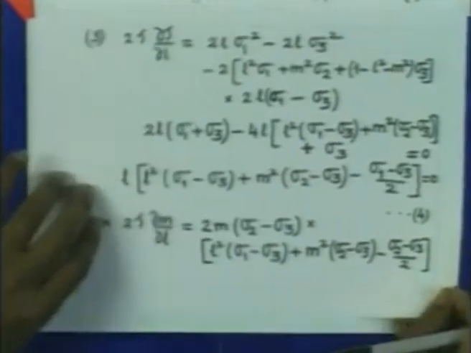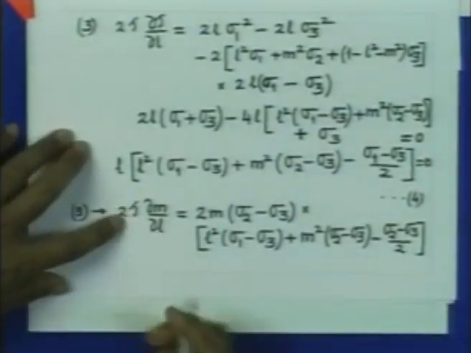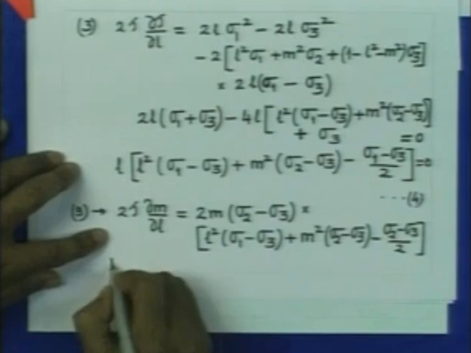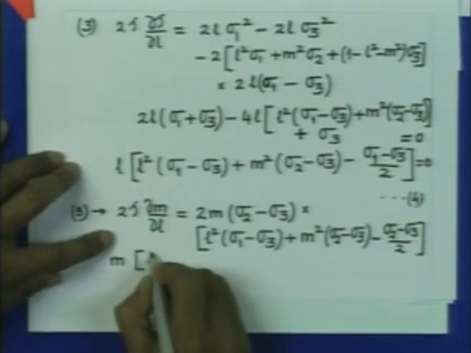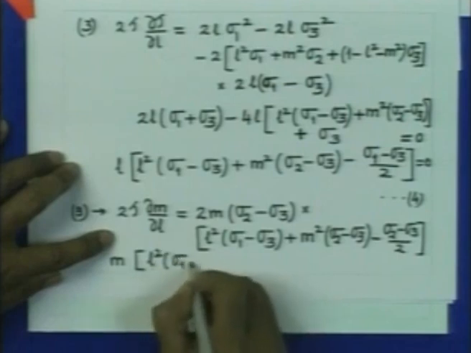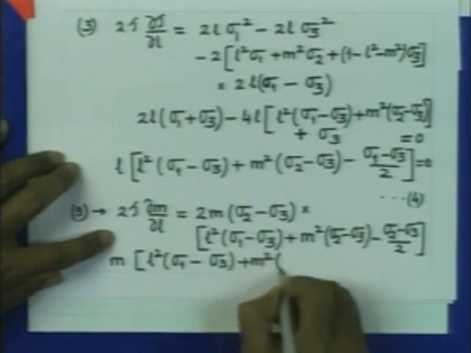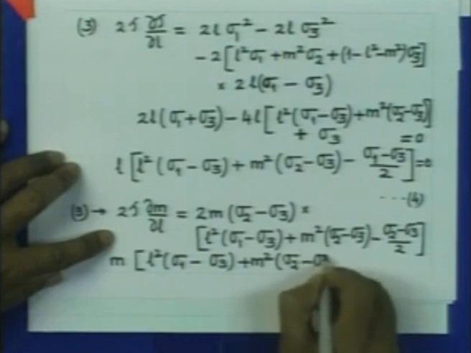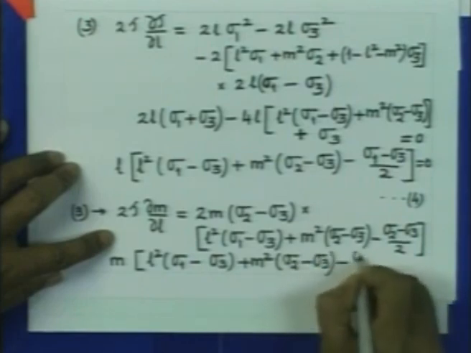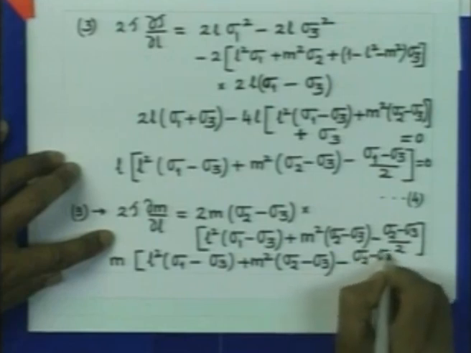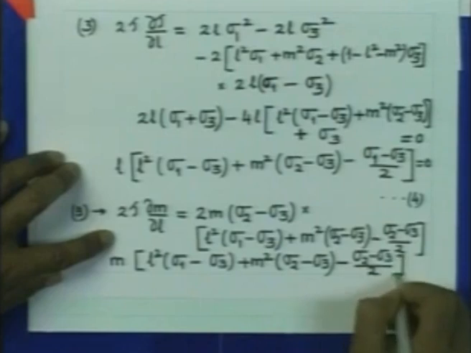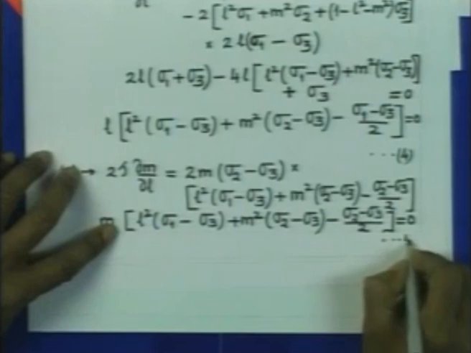Again, if you make use of delta tau delta m equal to 0, this gives the relation m into l square sigma 1 minus sigma 3 plus m square sigma 2 minus sigma 3 minus sigma 2 minus sigma 3 by 2 equal to 0. Let us indicate it by 5.